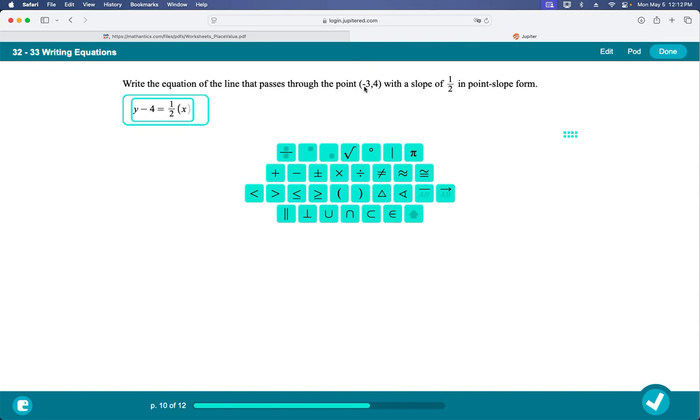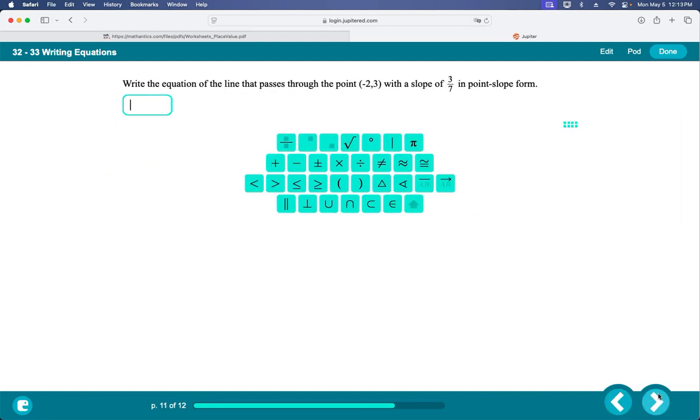So minus a negative 3 is going to be plus 3. It's always the opposite symbol of what is in here because it's subtraction. Y minus is always the opposite. So we have a minus 4 here, the opposite of a positive 4, and we would have x minus negative 3. The opposite of a negative 3 is a positive 3. And so that would be correct.